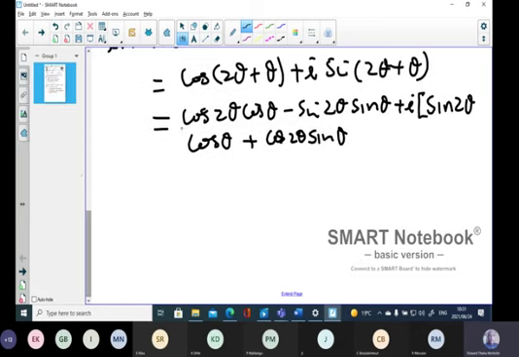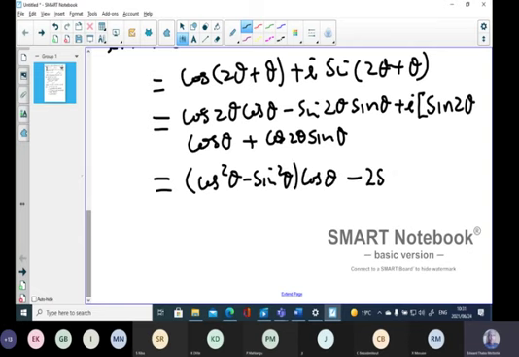So we have expanded. So I hope you still get that. Now we have to simplify cos 2 theta. Cos 2 theta is the same as cos squared theta minus sine squared theta cos theta minus 2 sine squared theta cos theta plus I. Let me put it directly. I was supposed to close here. 2I.